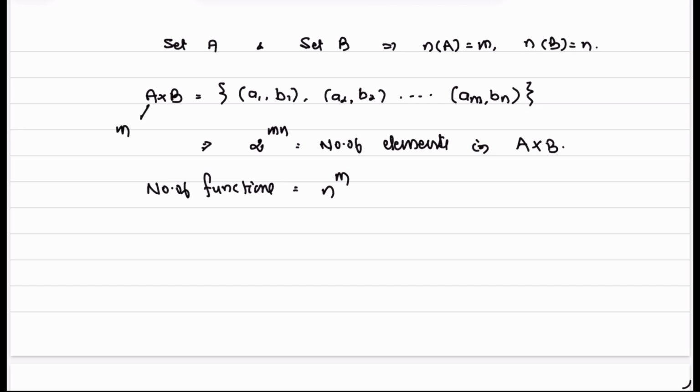This has got m elements, this has got n elements. And the total number of elements will be n to the power of m.